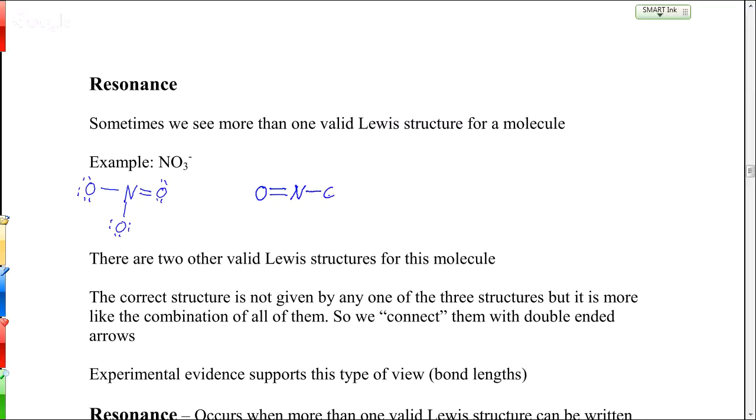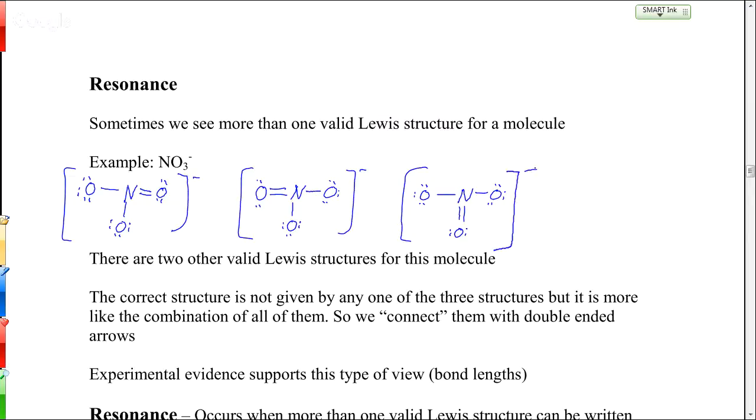But what if we put the double bond on the other side? Or, I think I saw one that looked like this, putting the double bond down like that. And then these are all ions, so we put the brackets in there. All right, these are all correct structures for nitrate ion.